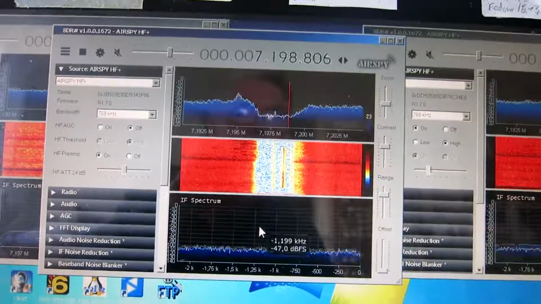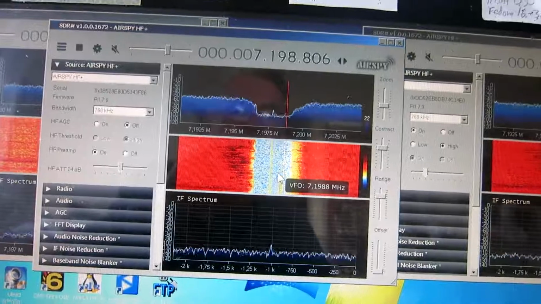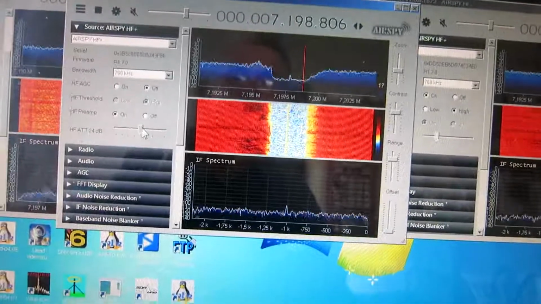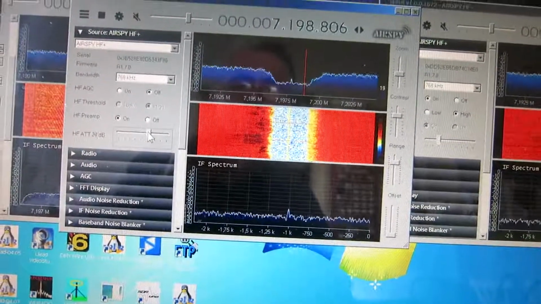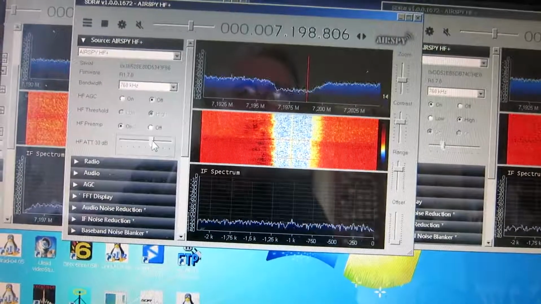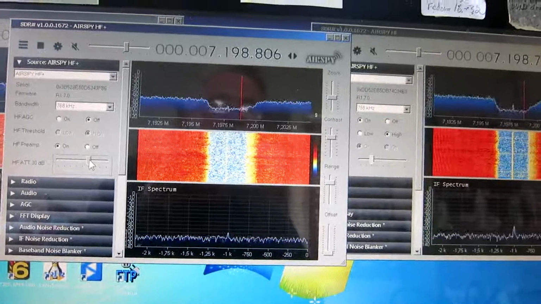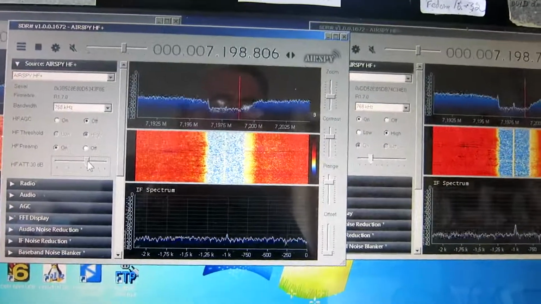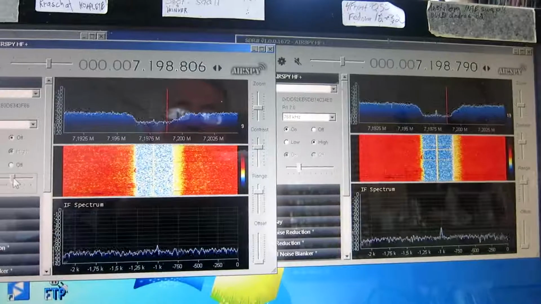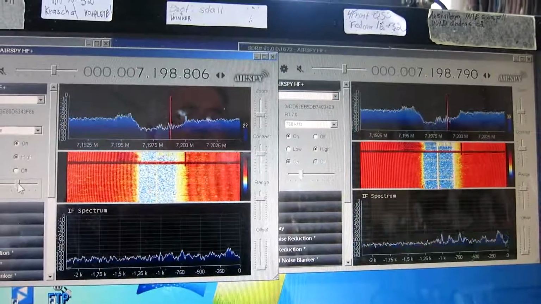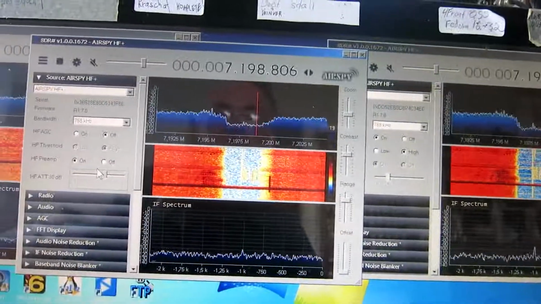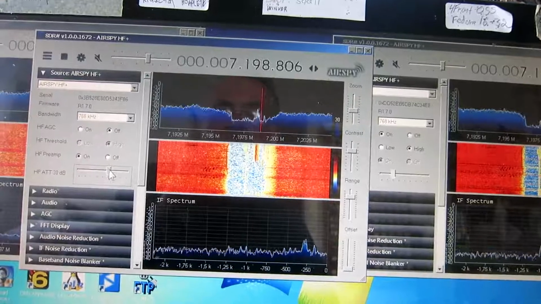And we have these non-linearities, so I need to reduce gain even more. Maybe like that. And even more.